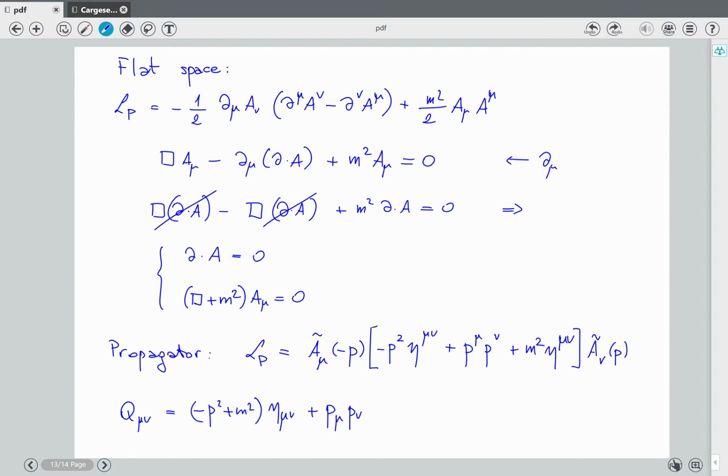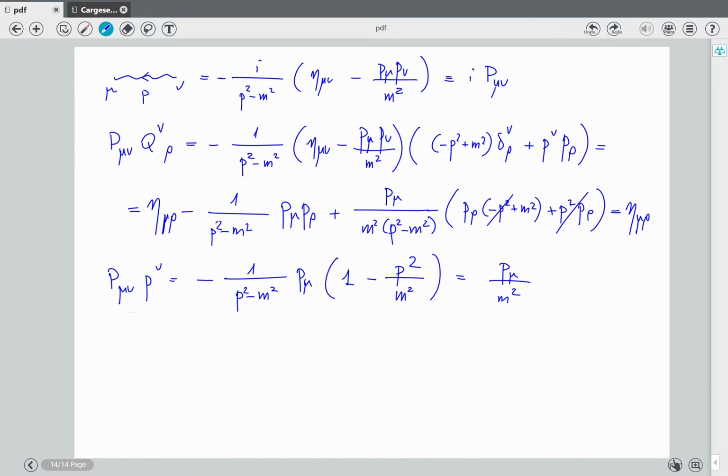So there is no divergence propagating. Here is the same, because when you take the divergence of the propagator, which means that you contract the propagator with the momentum, you cancel the pole, because the pole is cancelled by that factor, and so you do not propagate anything.